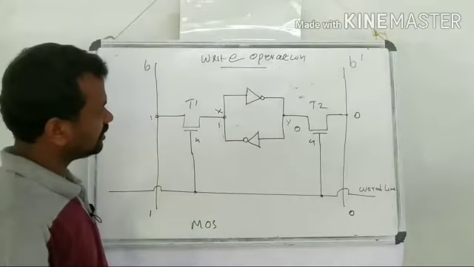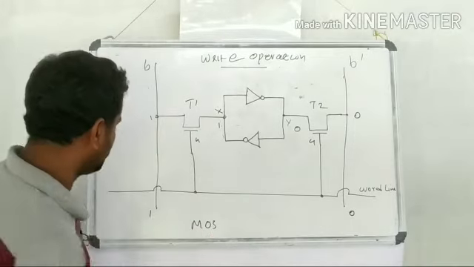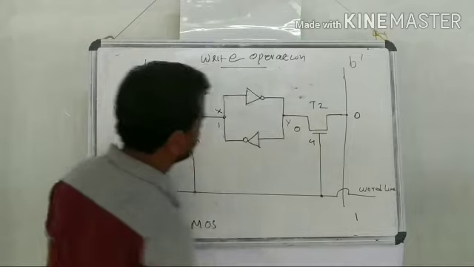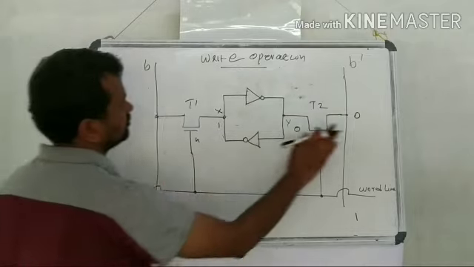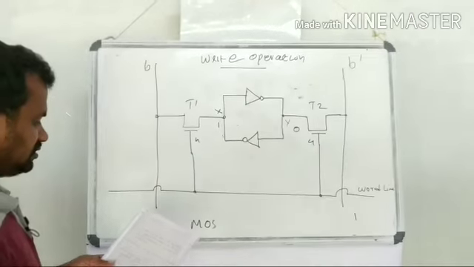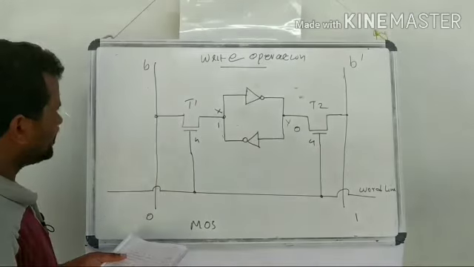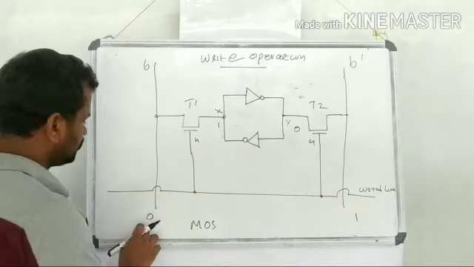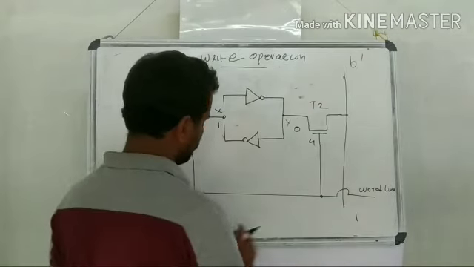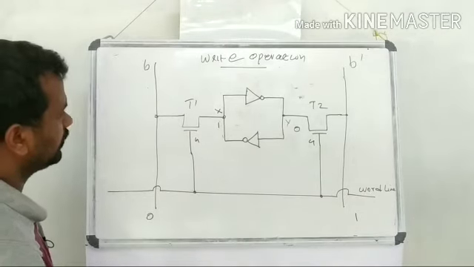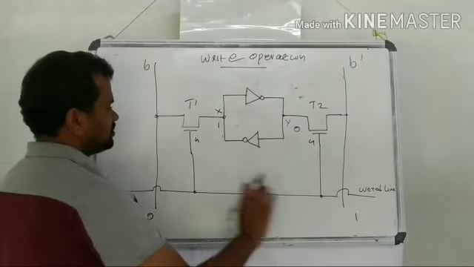Then this is the same in the case of writing a 0. In this case also, we will first place the value on the bit line and its complement accordingly. We want to write a 0, so we will put a 0 here, then 1 here. Then we will activate the word line.